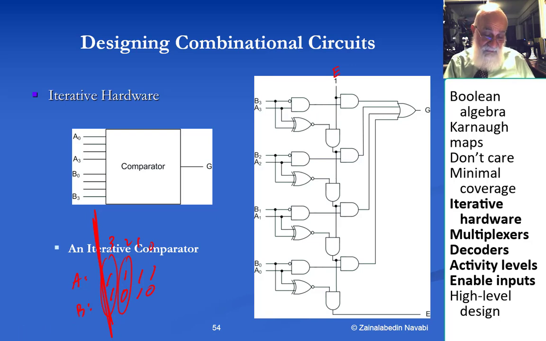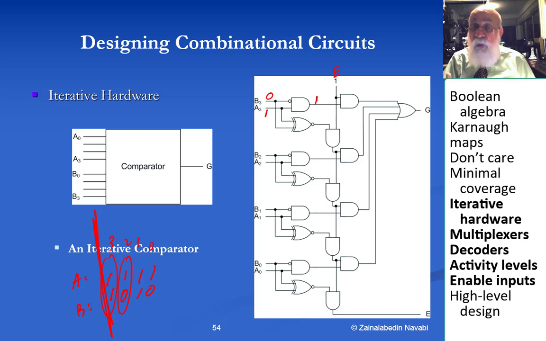Then I say this: if A is 1 and B is 0, that means a bubble here, an inverter here, so A is 1 and B is 0 means there is a 1 here.